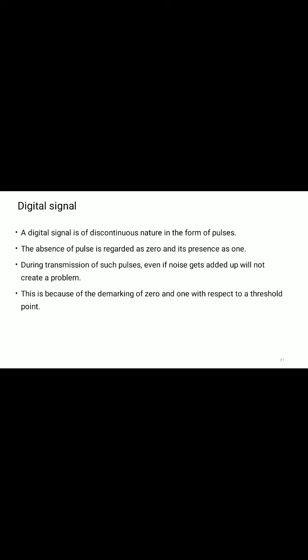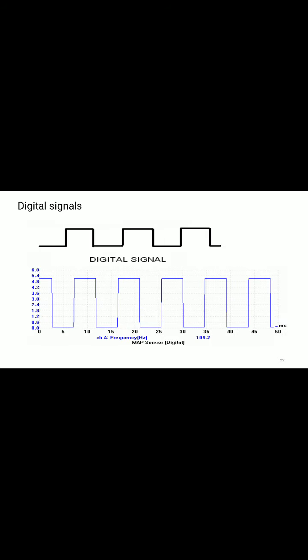During the transmission of pulses, even if noise gets added, it will not create a problem. But in the case of analog signals, the noise may get added and it will disturb the signal. This is because of the demarcation of 0 and 1 with respect to a threshold point.